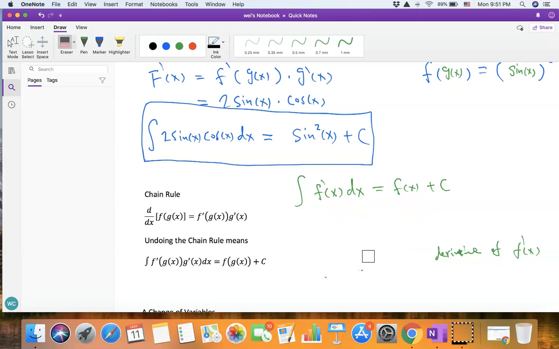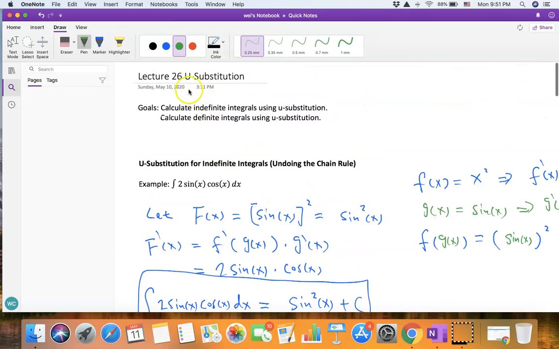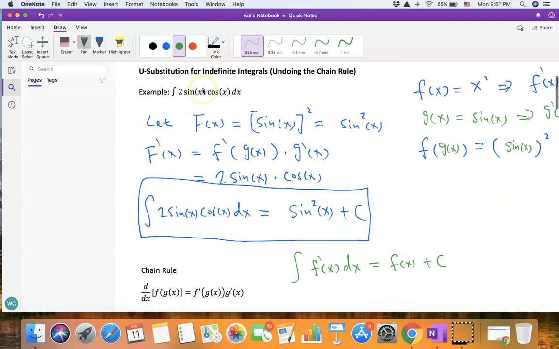Okay, once we understand this, we can do this one. So if I change the g of x by using a letter, now this letter usually we use a u, so that's why the method is called U substitution.